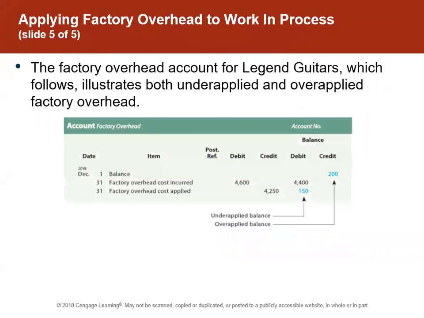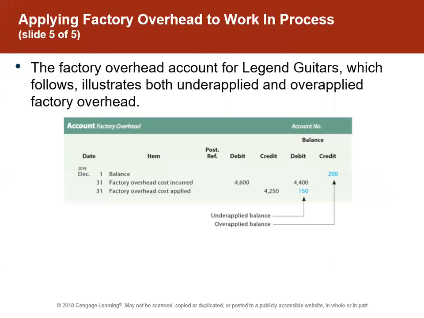So in our case, we had an actual cost of $4,600 and an applied of $4,250. Actual is greater than what we charged to the jobs.